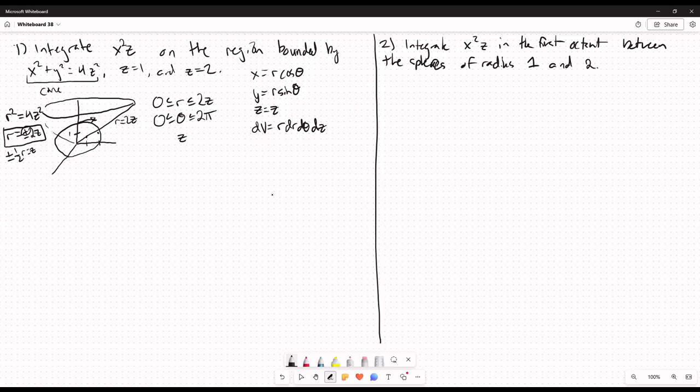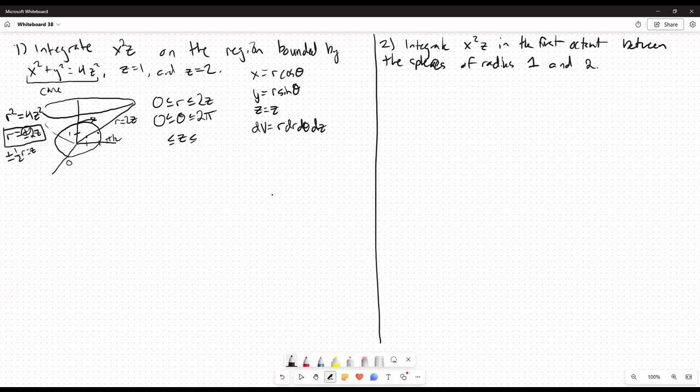I don't need negative values for r because those are taken care of when theta equals pi. When theta equals pi, I'm facing the opposite direction and getting the left-hand side of the cone. Since we're going all 2 pi radians around, I don't need to worry about negative r values to describe this cone shape.